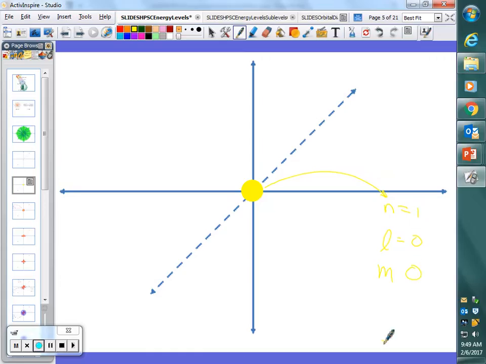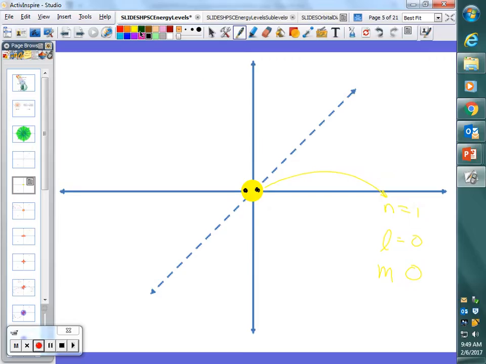But within this spherical region surrounding the nucleus, we can actually have 2 separate electrons, each of those dots representing a single electron.